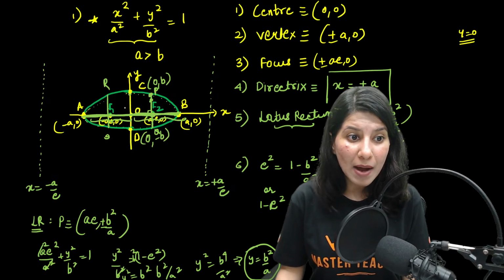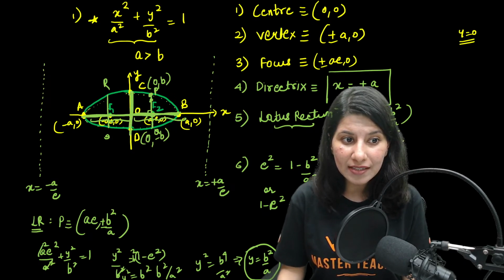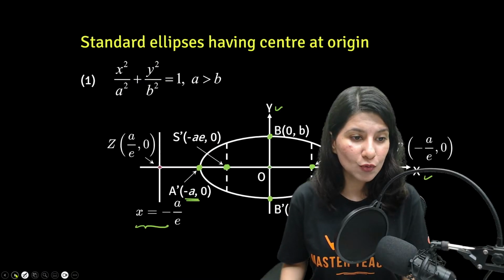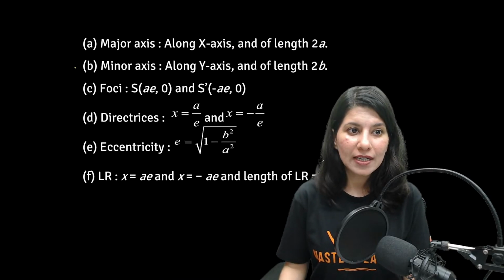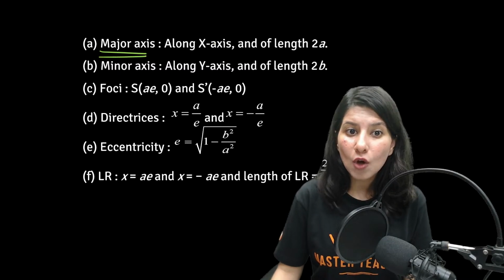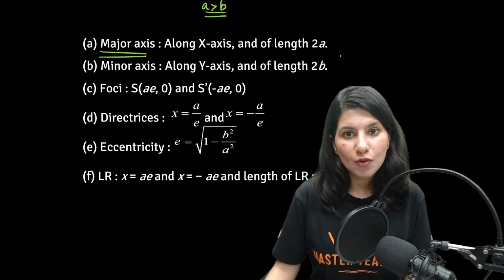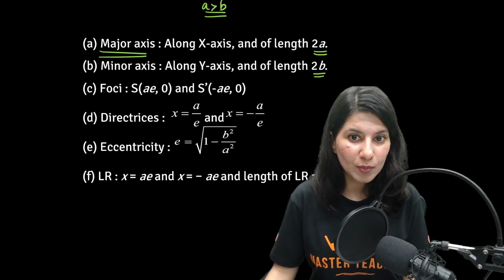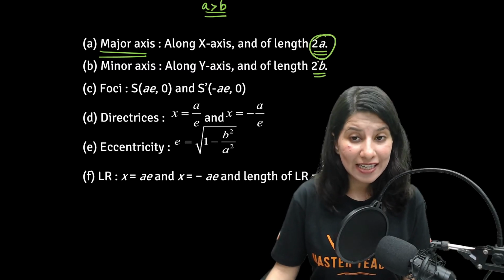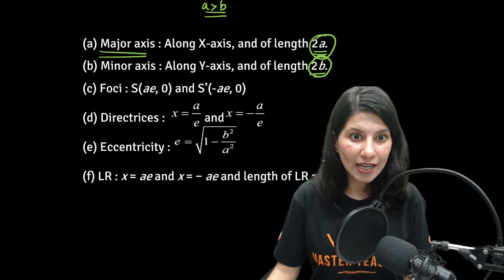And the length of the minor axis, the smaller axis, will be 2B. Major axis is along the x-axis, because here A is greater than B, so obviously 2A will be greater than 2B. So 2A is the length of the major axis, 2B is the length of the minor axis.